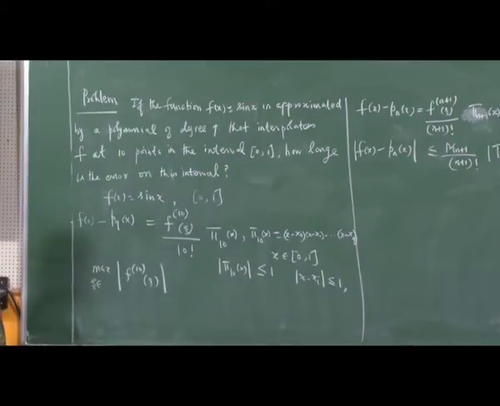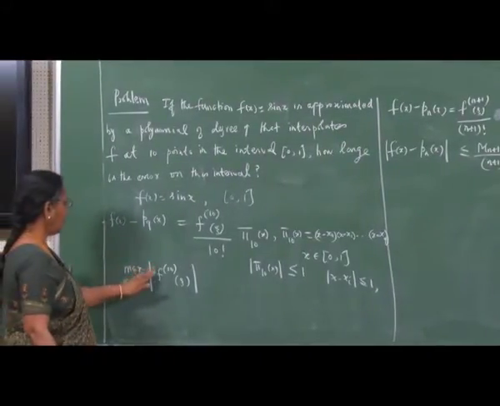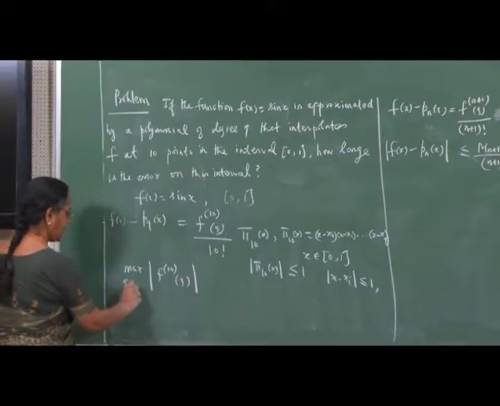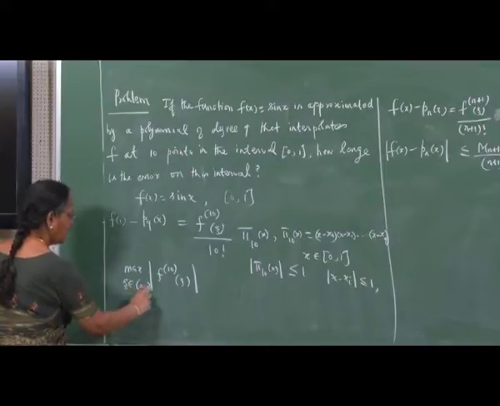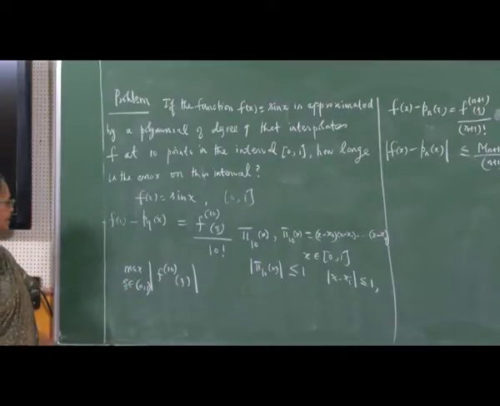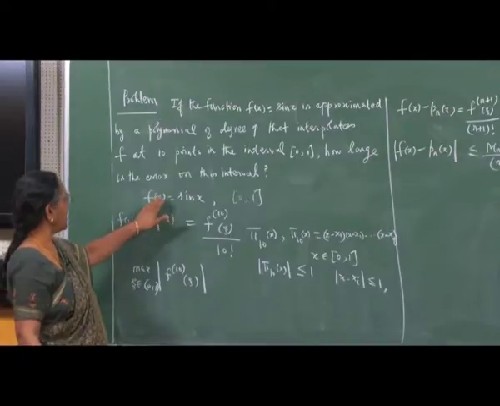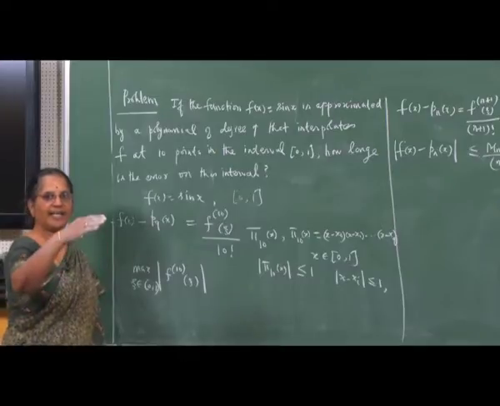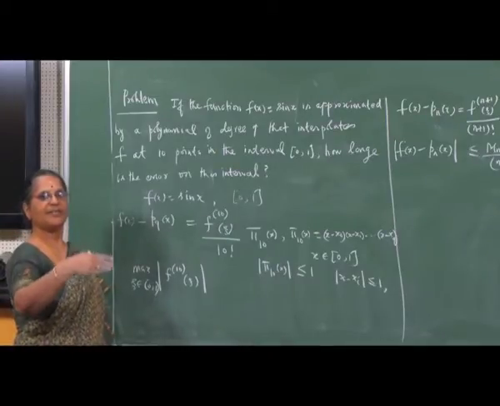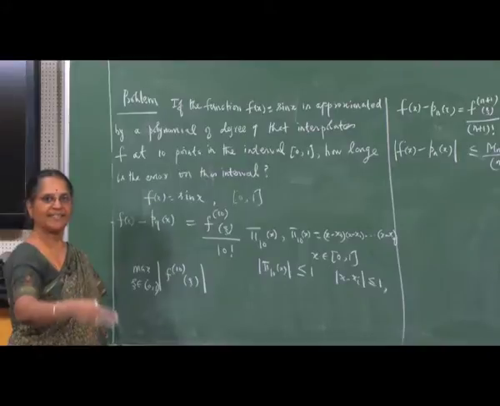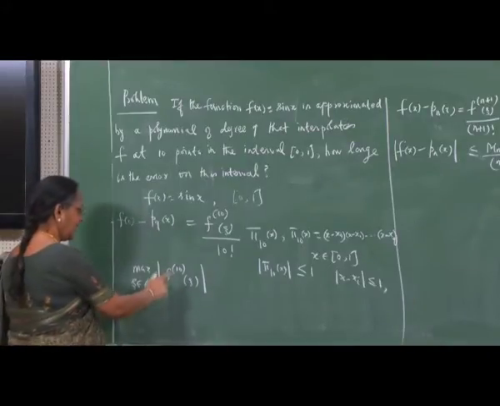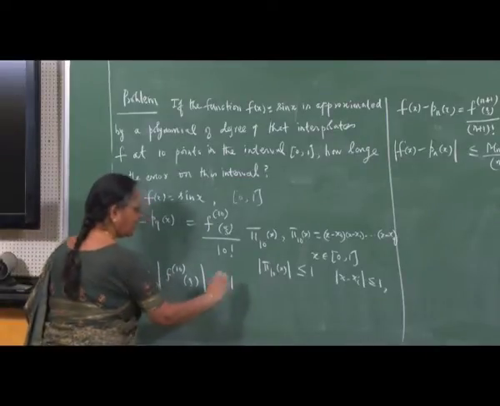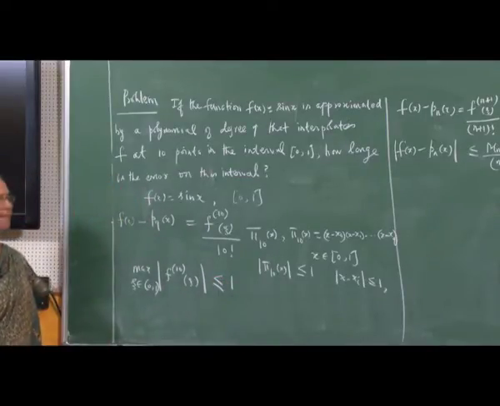I also require the maximum of the absolute value of the 10th derivative of f, where psi belongs to the open interval (0, 1). What is the function f? f is sin x in the interval 0 to 1. If you take derivatives, the first derivative is cos x, the second derivative is minus sin x, and so on. So, the maximum of the absolute value of the 10th derivative will be less than or equal to 1.